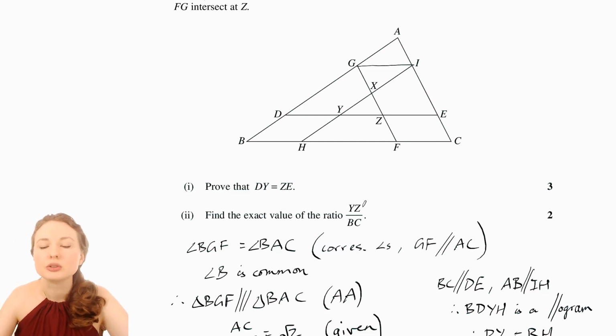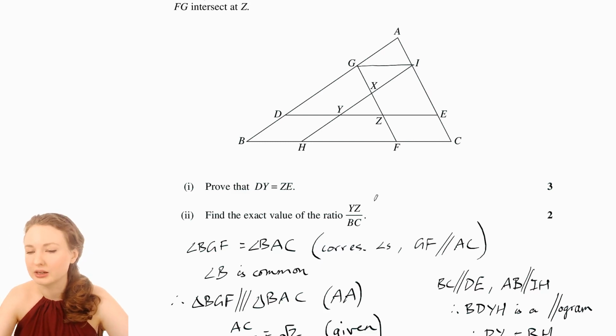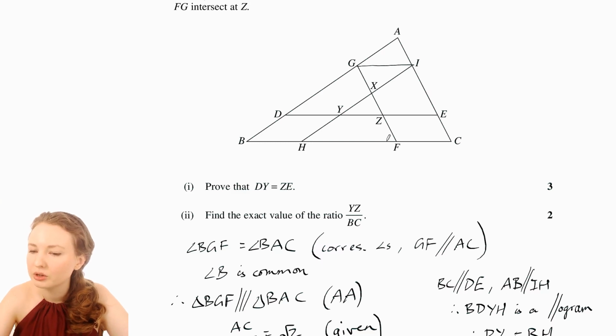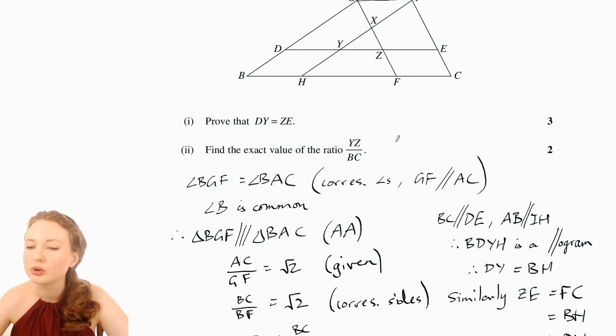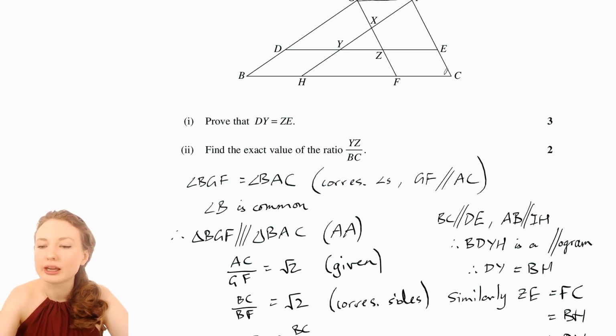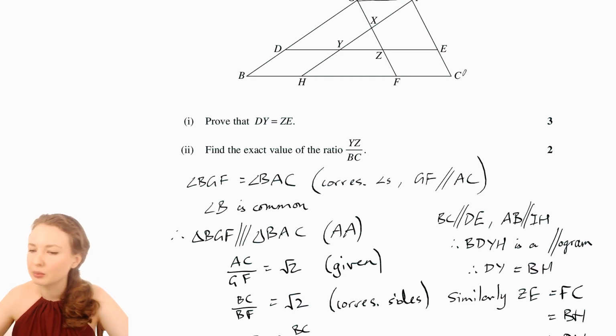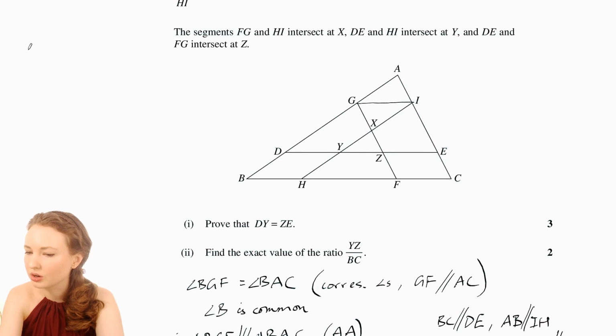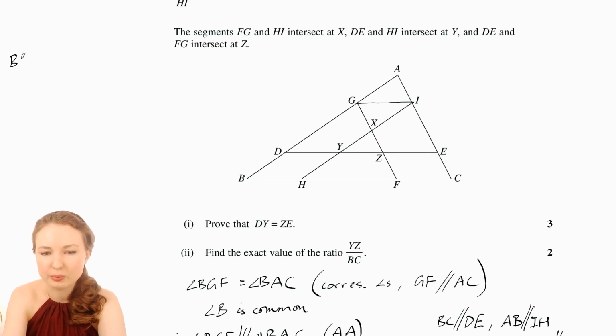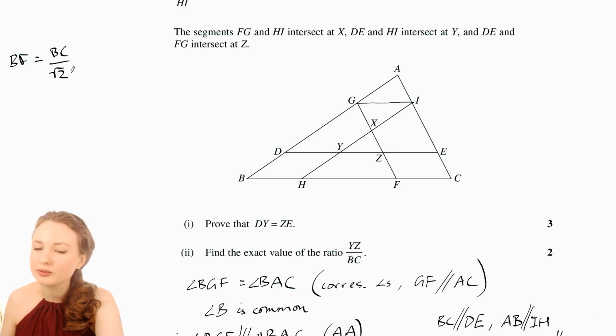So what I would do there is just try to write YZ in terms of BC. We know that BF was BC on root 2, and from there FC is that minus that. So I'm just going to write it over here. We've got BF is BC on root 2, we showed that in part 1.